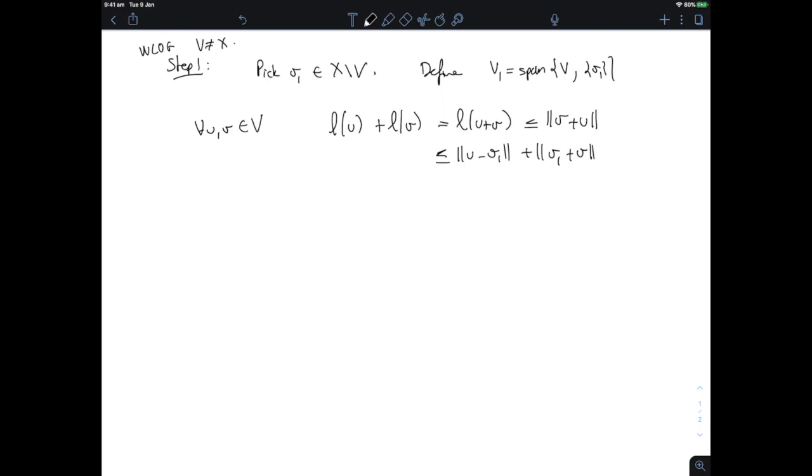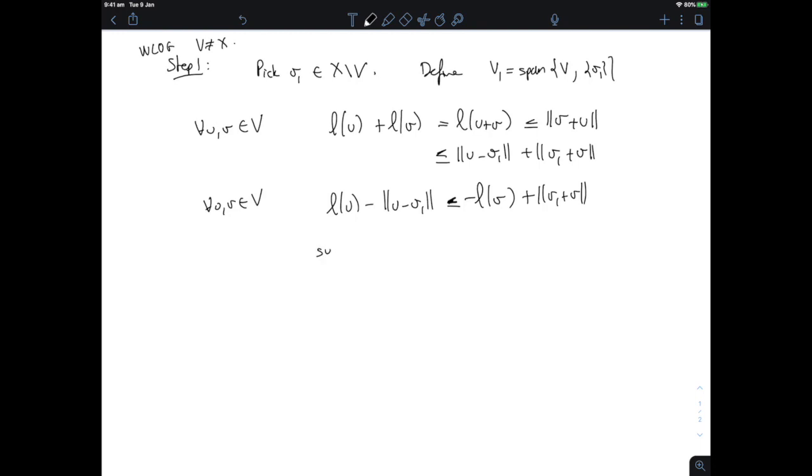Okay, now reorganizing that a little bit, you find that L of u minus the norm of u minus v1 has to be smaller than minus L of v plus the norm of v1 plus v. And well, you could take a supremum over u, you could take an infimum over v, and you would still get an inequality, a less or equal inequality, because this holds for every u and v.